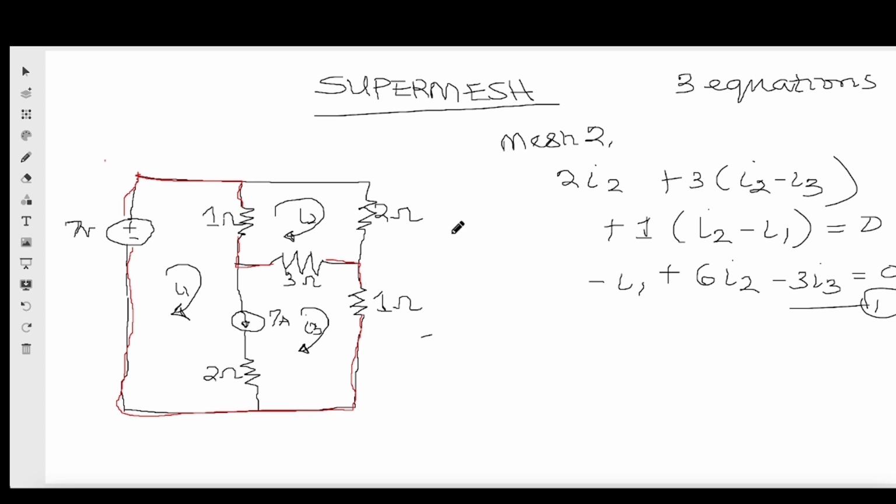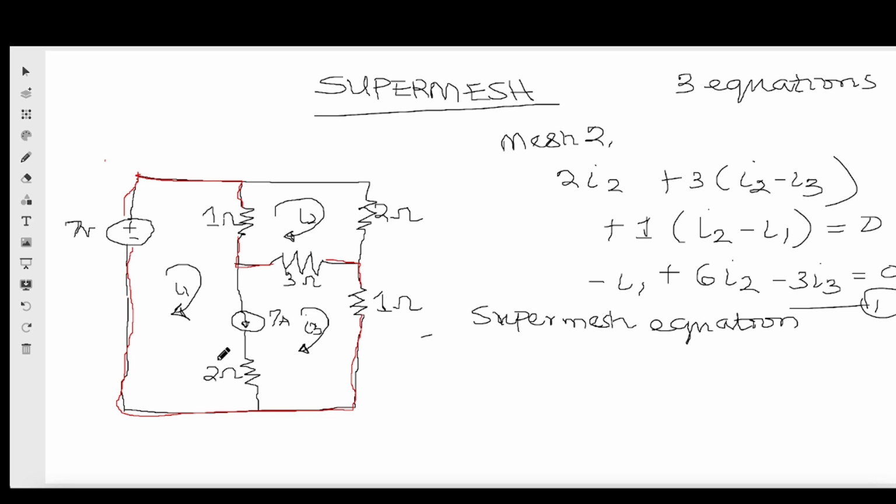So for the super mesh, the first thing you should write is the super mesh equation. The super mesh equation is the KCL along this path, along this node.